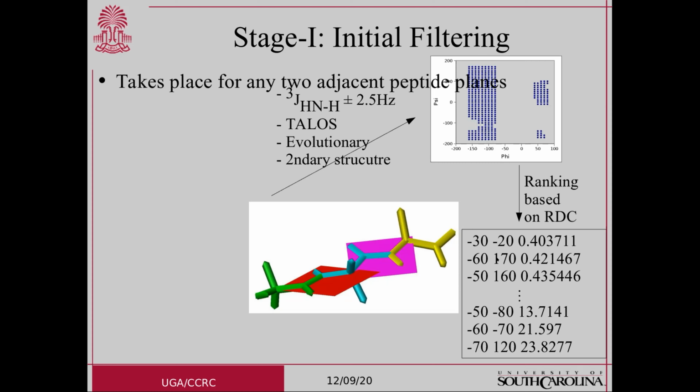At the end, you will get a list that, for example, on the top may have minus 30 degrees, minus 20 degrees, the dihedral phi-psi, with a fitness to residual dipolar couplings of 0.4, and this will be ranked from best to worst, where in this particular list, you have minus 70, 120 with a fitness of 23 hertz. Now, there are a couple of things I want to mention at this point. REDCRAFT examines dihedral space at 10-degree increments, as you can see here.